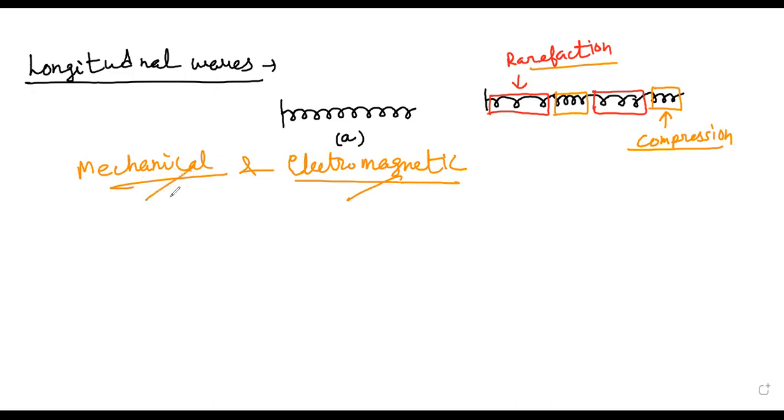Mechanical waves may be transverse or longitudinal. Light waves are always transverse in nature, only transverse; electromagnetic waves are never longitudinal. So this is all the introduction to the chapter, what terms and what waves we will discuss.